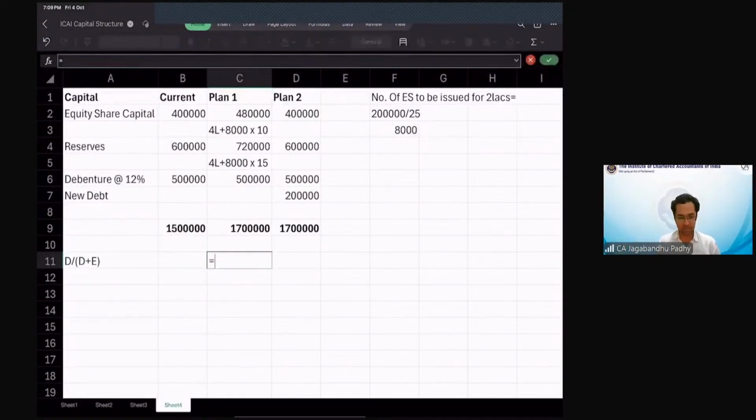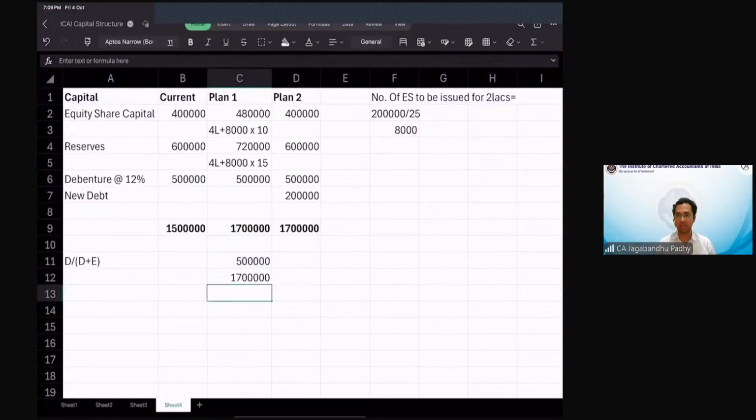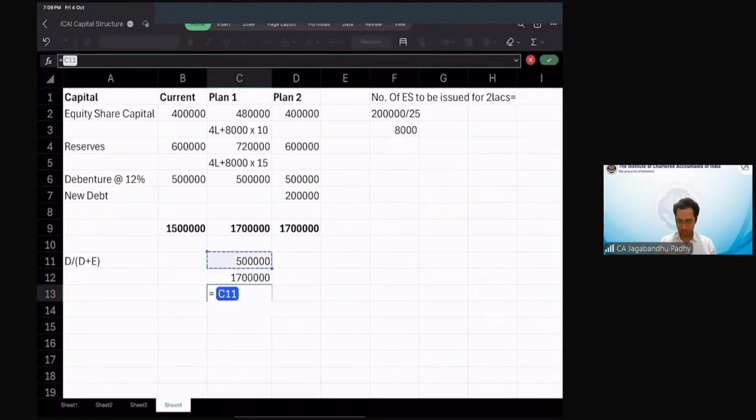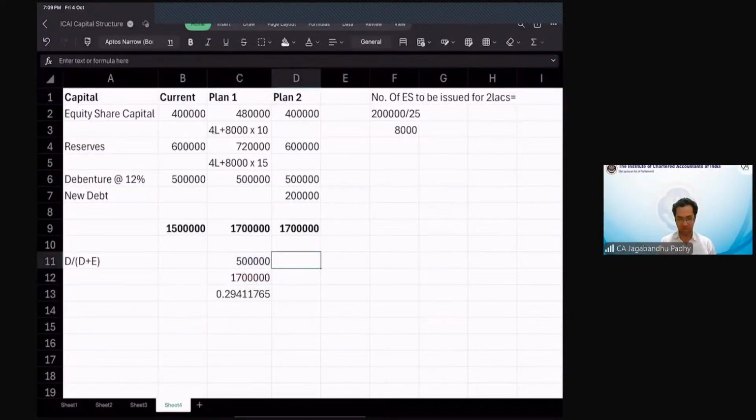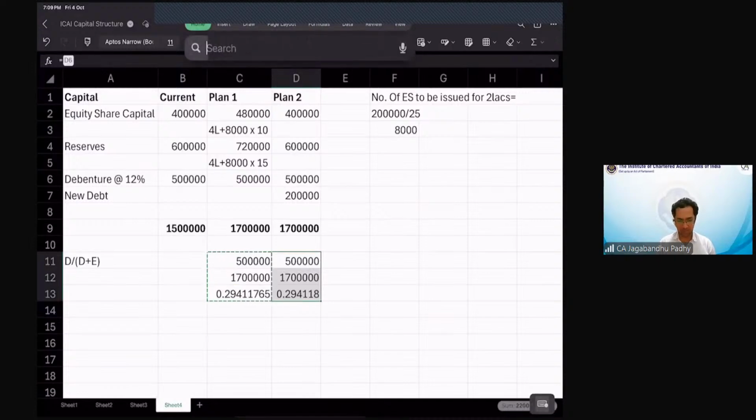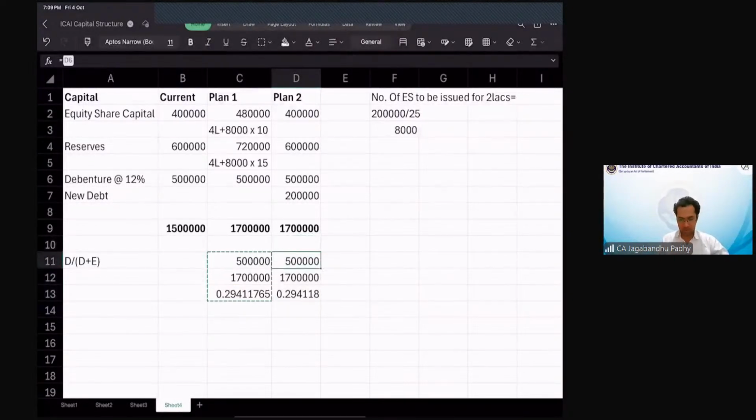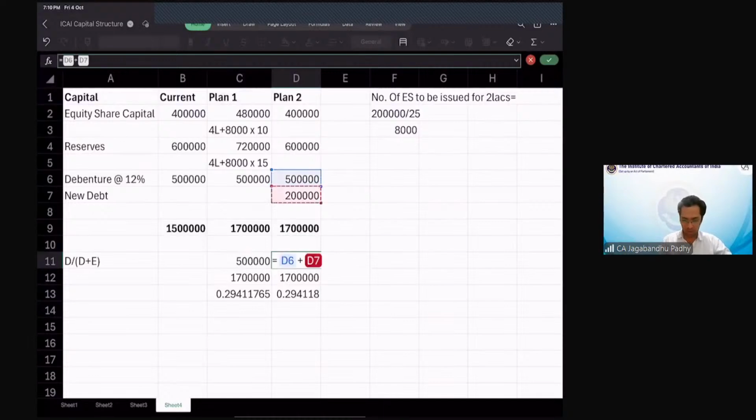So in this case, we have debt of 5 lakh upon debt plus equity of 17 lakh. In the first case, it is 0.29, whereas in the second case, that is 5 lakh plus 2 lakh.